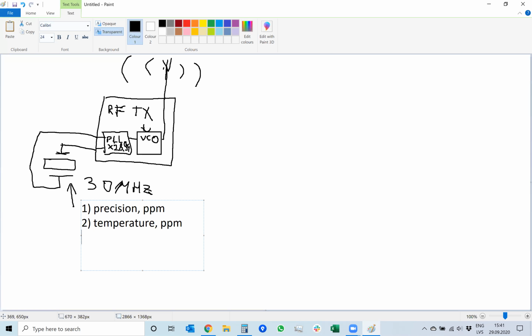So we have precision, we have temperature, and the third bad thing is aging. You build your device, and after manufacturing, this crystal actually keeps transforming a little bit. For example, you solder it to a PCB, but when you put the PCB inside the final plastic case, the PCB is bent a little bit.